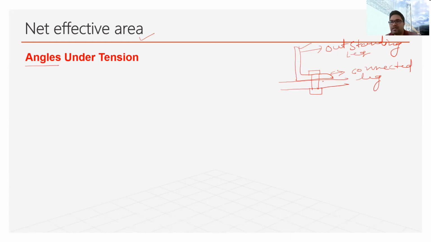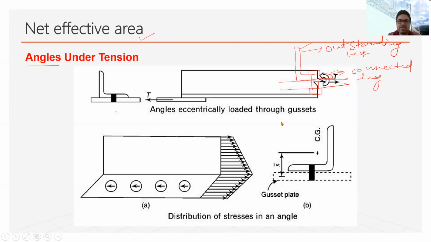Now when we connect an angle with one leg only, the distribution of stress is not uniform along both legs. We can see that using this diagram. In this case, the angle is connected along this leg only and it is not connected along the other. You can see the 3D diagram. Some bolt holes are made in one leg only.